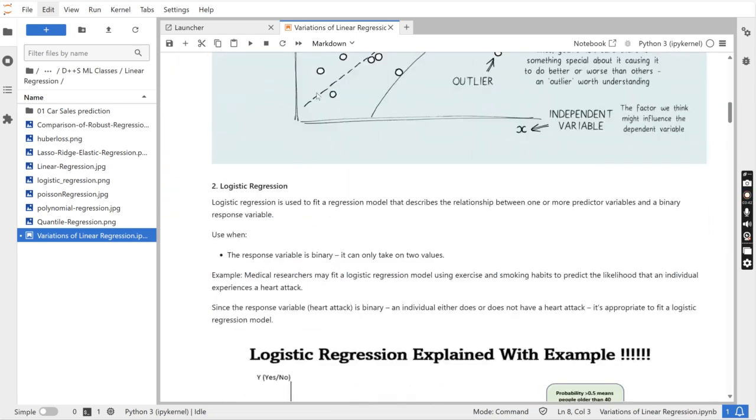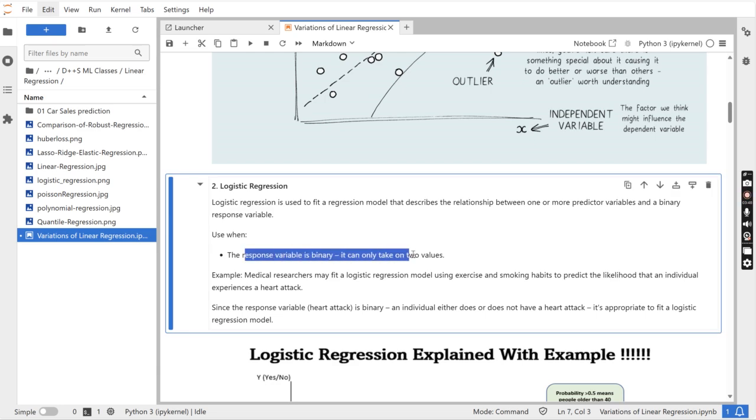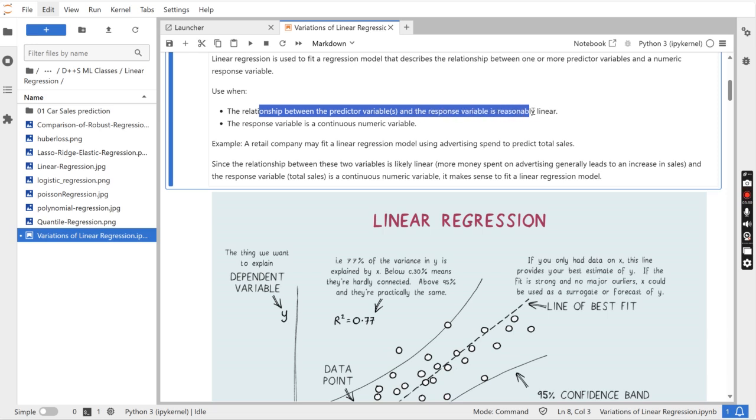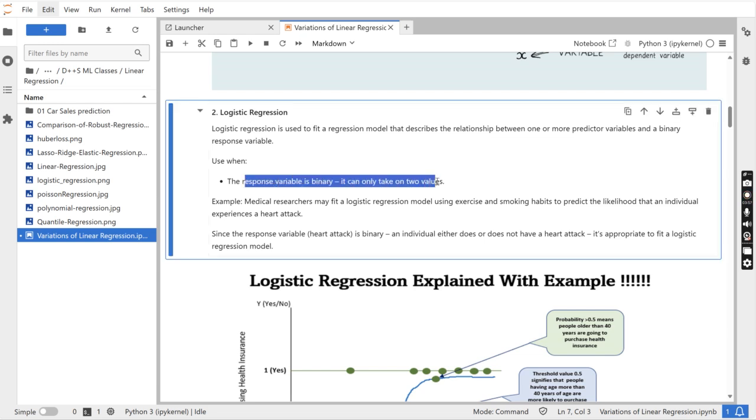The slight difference between linear and logistic regression is that the first condition should still hold true, that is, the relationship should still be a linear one. And the second thing is that the target value you are trying to predict should take only 2 values, nothing but binary classification.